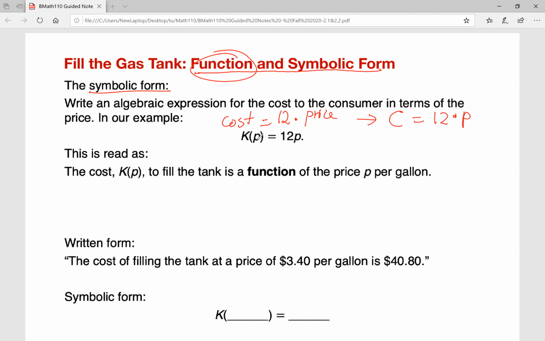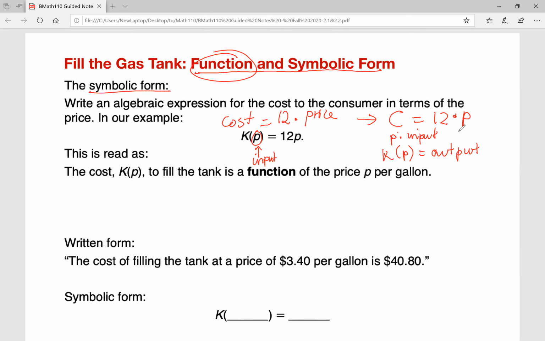Remember that this little p here means the input. So p here is input, and K(p) is output.